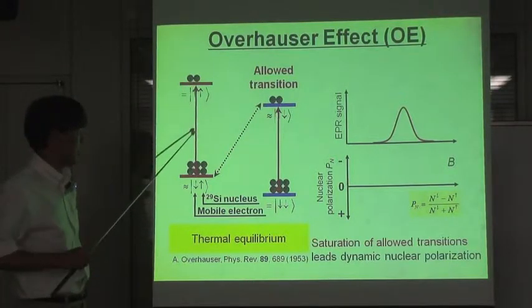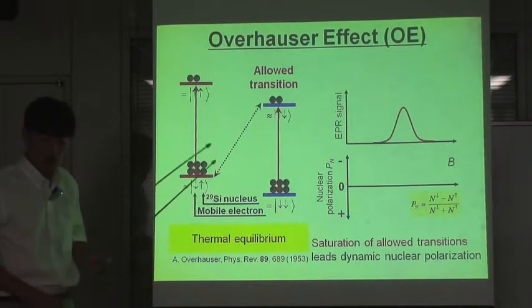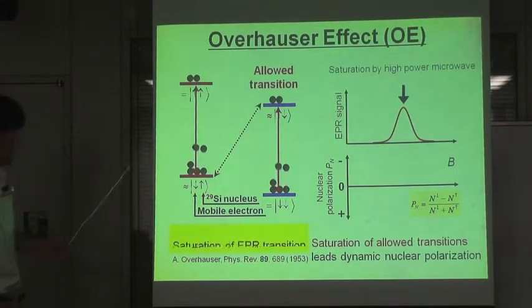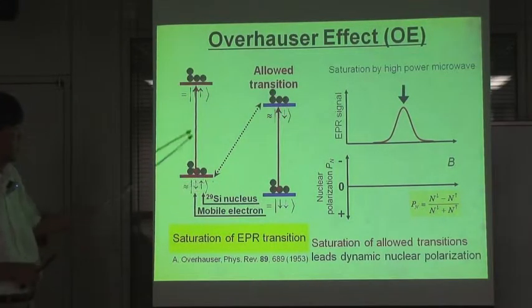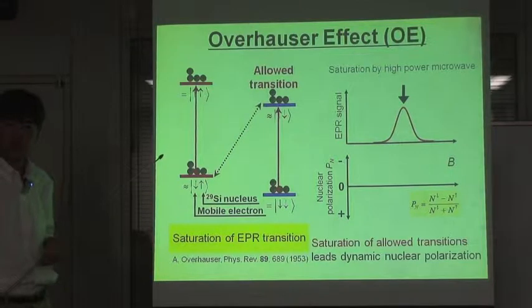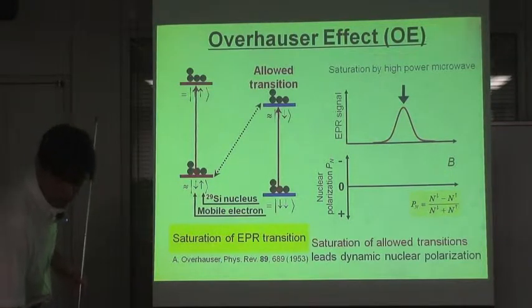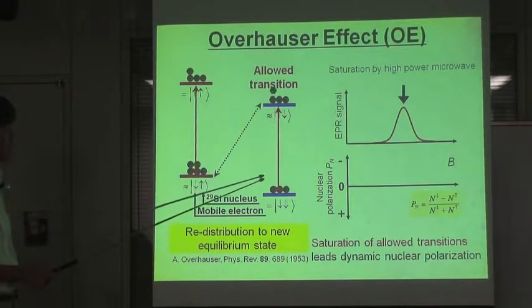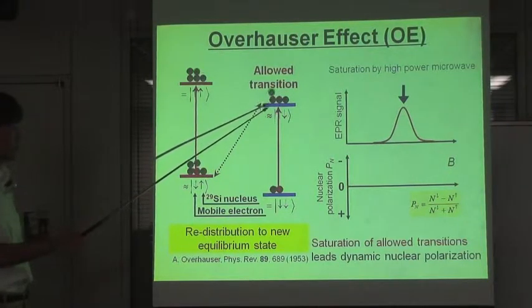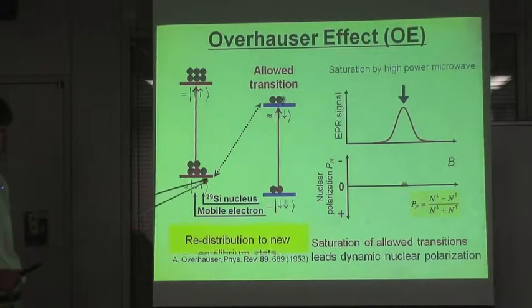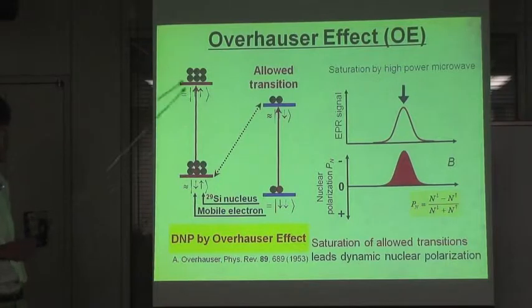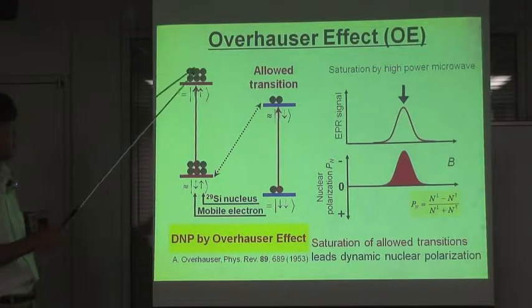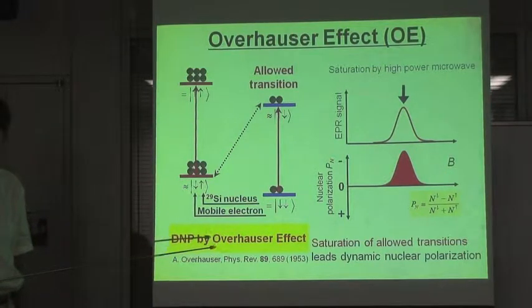Then if we irradiate at a certain frequency, we excite the electron from the down state to the up state. If we keep doing this, sometimes some population from here is transferred preferentially to the population here. Because we are continuously shining light, we send more population up to this state.